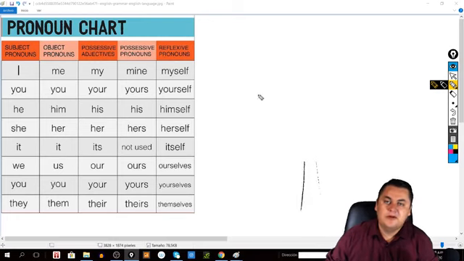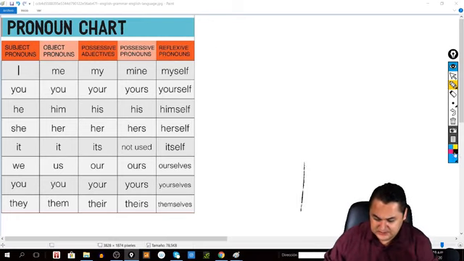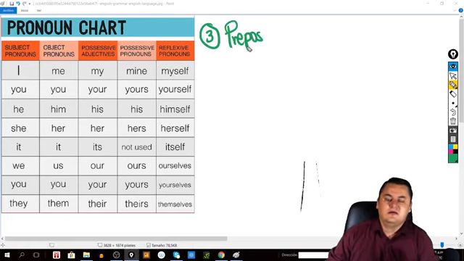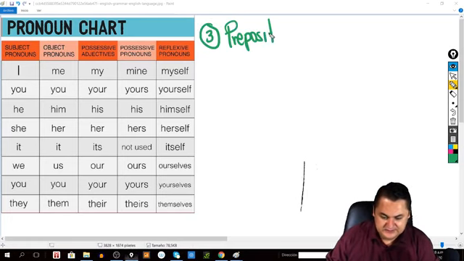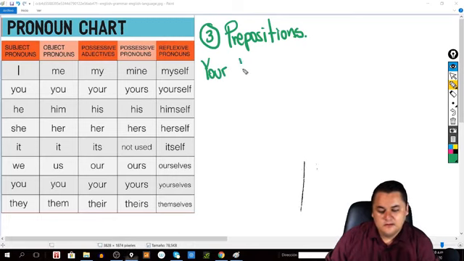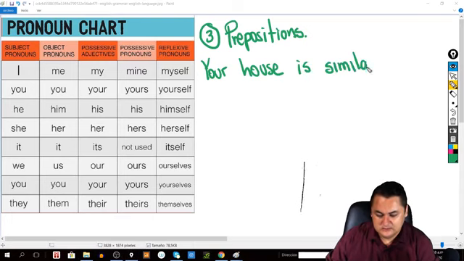The possessive pronoun is also used, rule number 3, after prepositions. For example, your house is similar to mine.